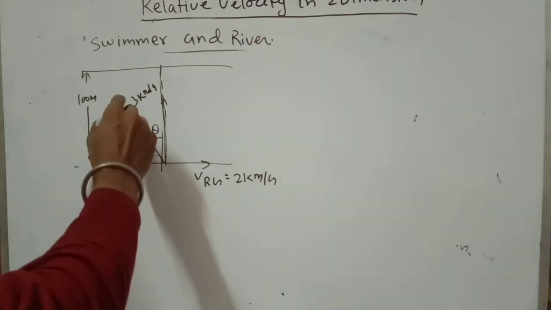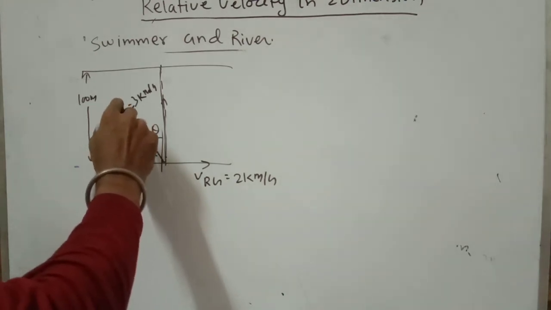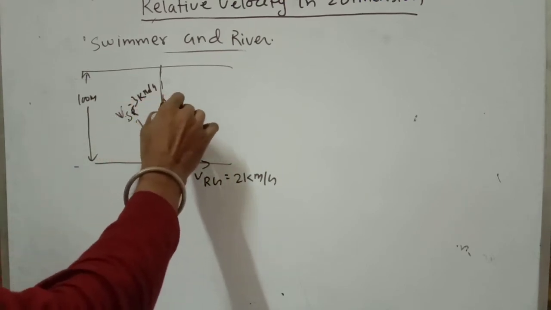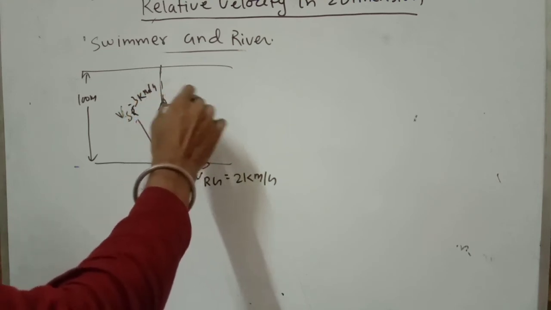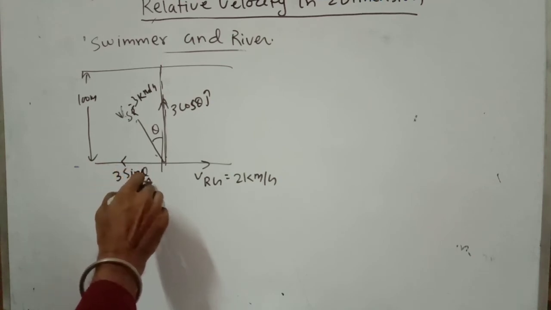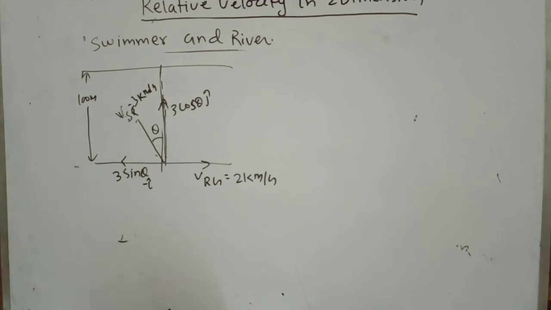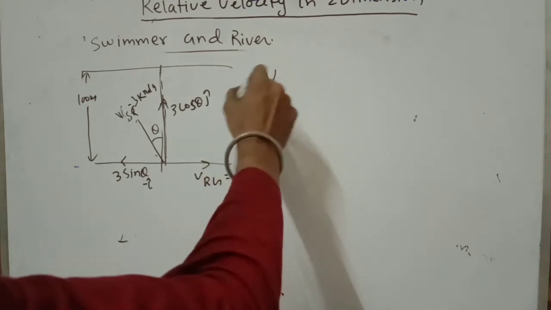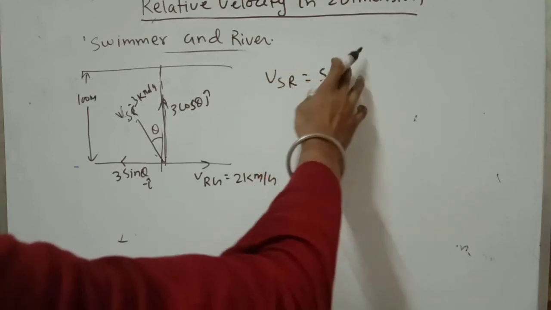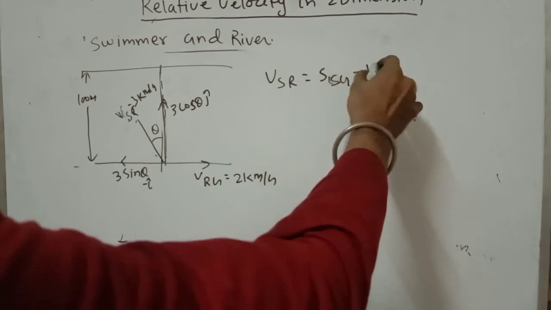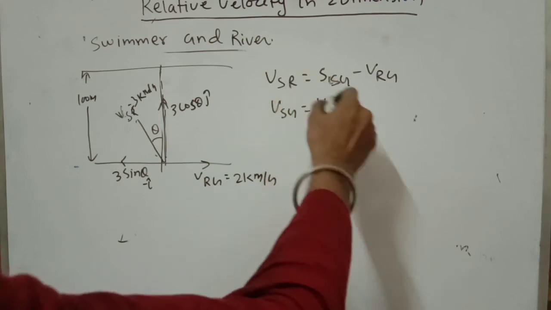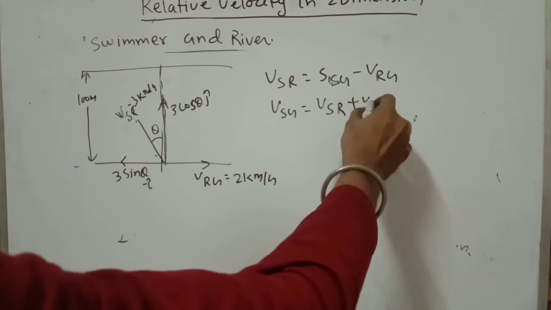First of all, divide the velocity of swimmer with respect to river into two components. You can write 3 cos theta j cap, and here minus 3 sin theta i cap. Now write the velocity of swimmer with respect to ground: velocity of swimmer with respect to river plus velocity of river with respect to ground.